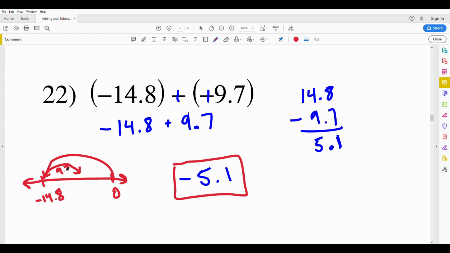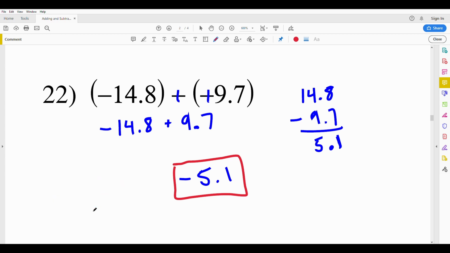So we really need to find this distance here to get our result. So we'll take our larger distance of 14.8 and subtract that smaller distance of 9.7 to get our distance of 5.1, and it's to the left of 0, so that'll be a negative.